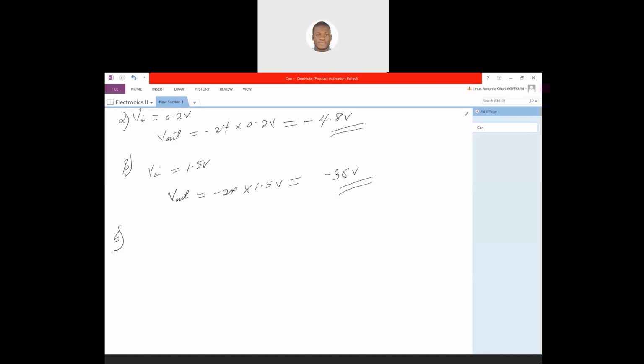This has been explained thoroughly in the notes, but I'm not going to go into the explanation now. I'm going to give you only the characteristics, okay? You can refer to the notes and get more information, but the characteristics of an ideal op amp.